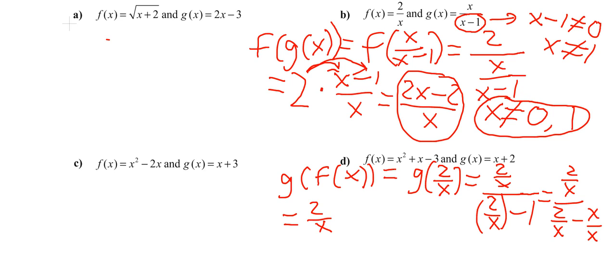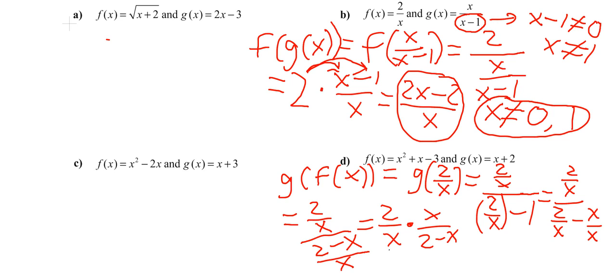Oh, first actually, before you flip it, combine the two fractions in the denominator. So it becomes 2 minus x over x, and then you can flip and multiply. The x's cancel, and it becomes 2 over 2 minus x.